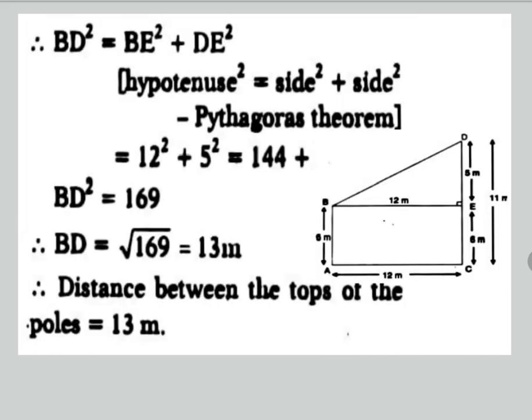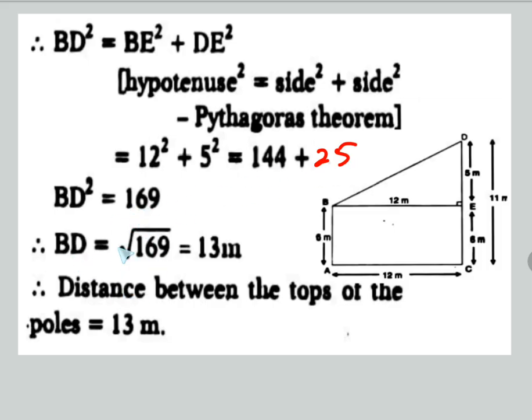Now apply BD square is equal to BE square plus DE square. Hypotenuse square is equal to sum of two sides square. This is the Pythagoras theorem. 12 square and 5 square is equal to 144 plus 5 square is 25. 144 plus 25 is 169.